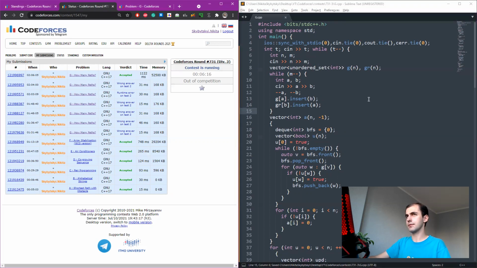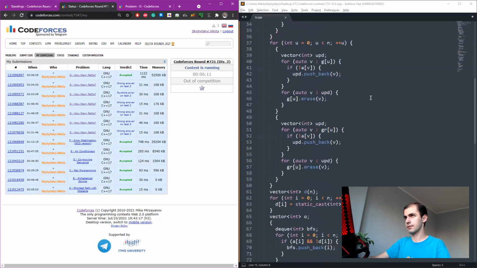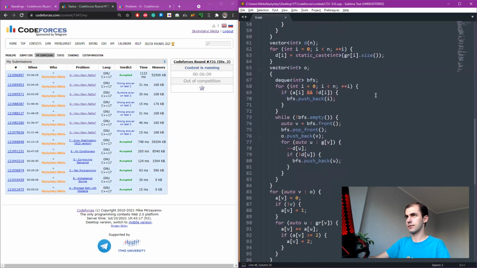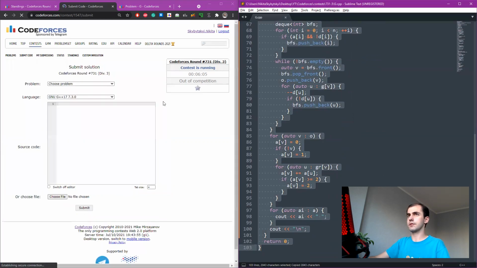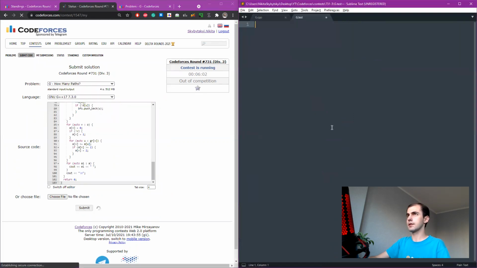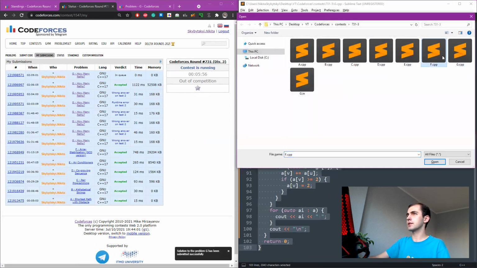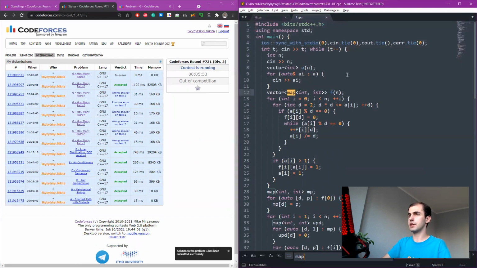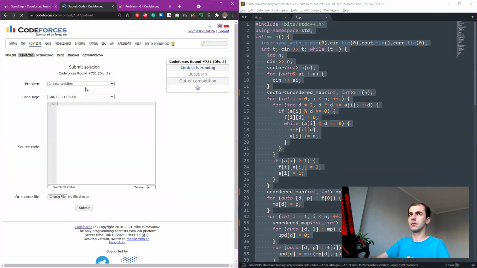Nah, one. For the purpose of evaluating an ordered set versus set, let's do this, and let's also take our submission for F and change map to an ordered map for F.